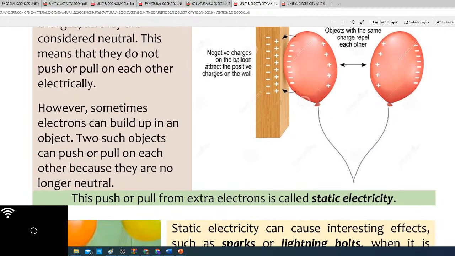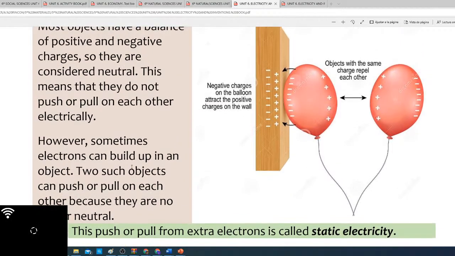However, sometimes electrons can build up in an object. Two such objects can push or pull on each other because they are no longer neutral. So imagine you have here this balloon, you wrap this balloon, and you can get these electrons here in this way, and here you have a wall, and this negative charge attracts this positive charge, and this positive charge repels this other positive charge you can see in this other balloon.